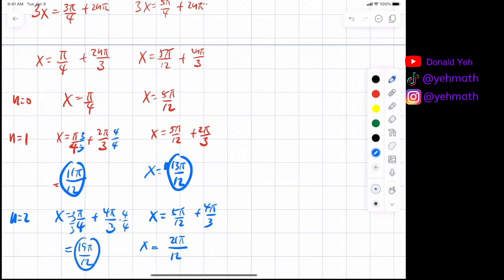So you're going to get a lot of answers here, and they are kind of weird. Somebody, this can probably simplify to 7 pi over 4. Mr. Bean, where did you get the plus 4 pi over 3 from? 2 pi over 3 because of 2m pi, n is equal to 2, so it'll be 4 pi over 3.